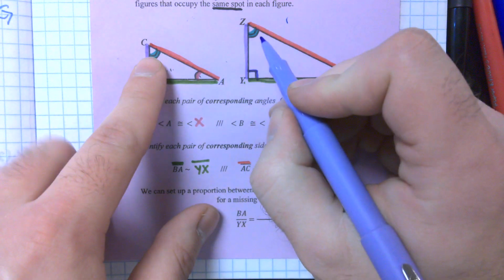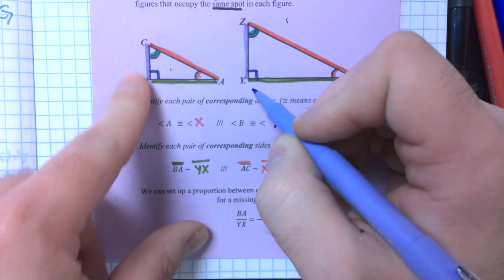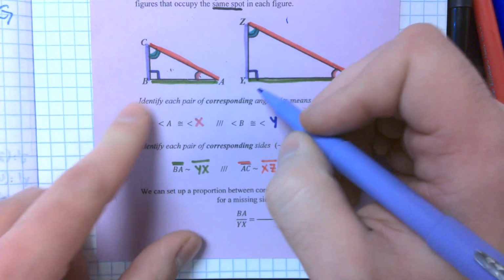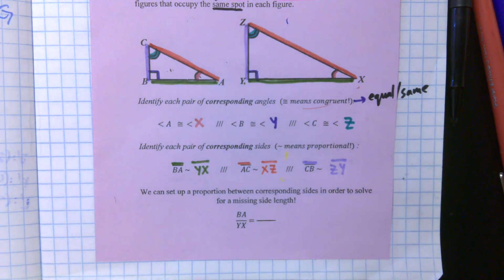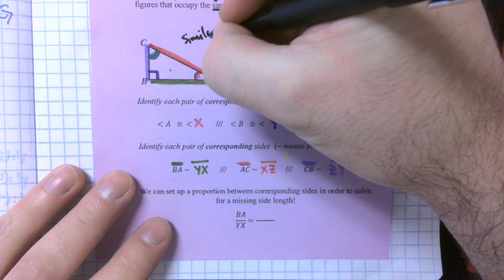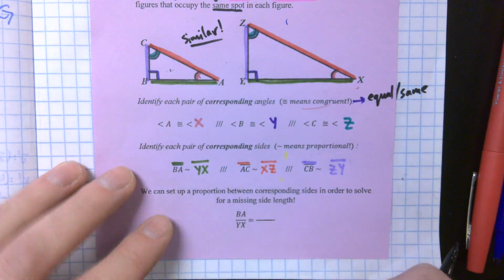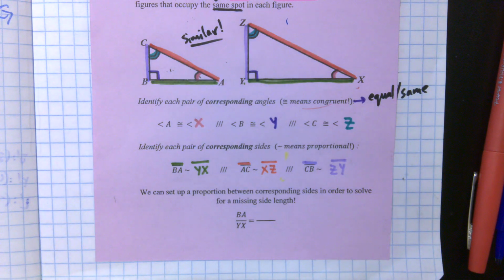I'm going from my teal tip, or my teal top, down to that purple right angle. That's my left side of these triangles. Okay? These triangles are similar. They're shaped the same, but they are different sizes. That is similar.